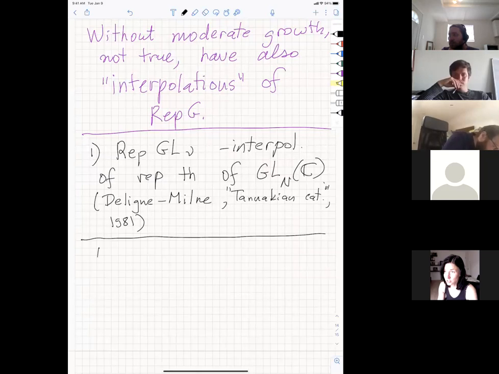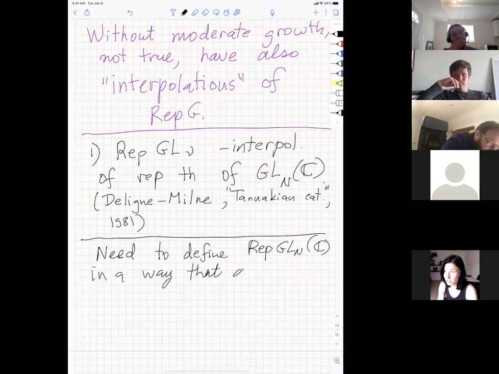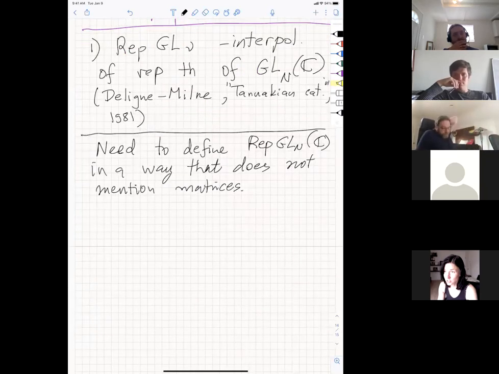So we need to define the representation category of GL_N(C) in a way that doesn't mention matrices. The problem with Rep GL_N is that N is the size of matrices, so it has to be an integer, but we want to describe it in such a way that it will depend on N as a parameter, and then we will be able to interpolate.